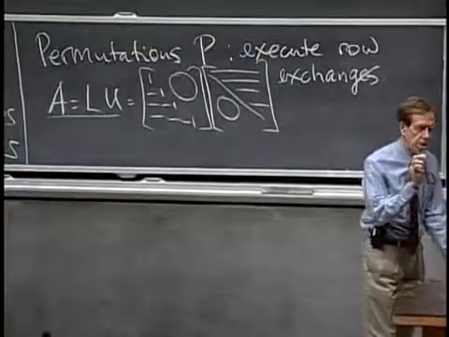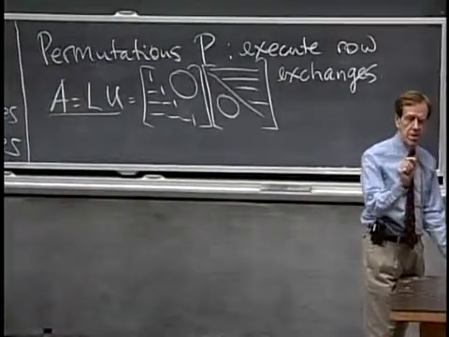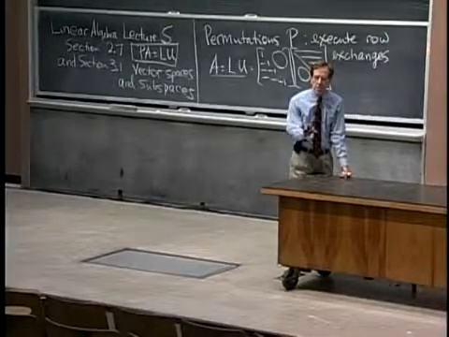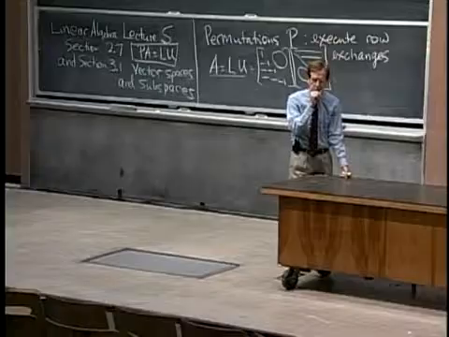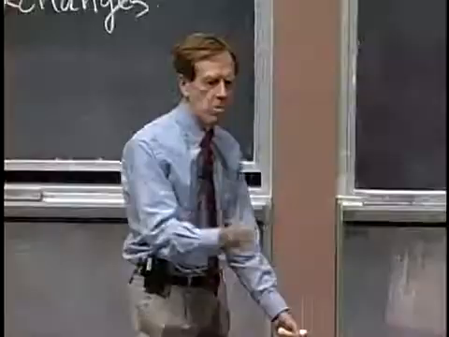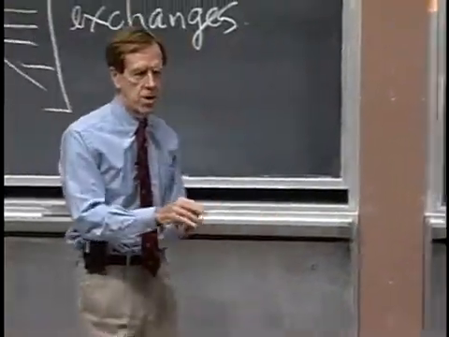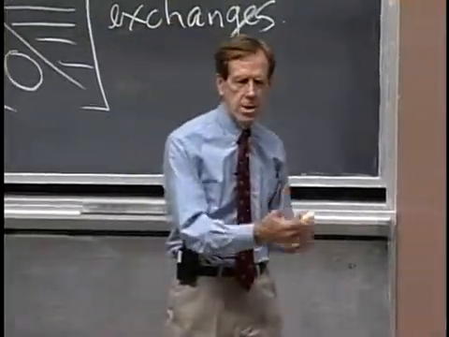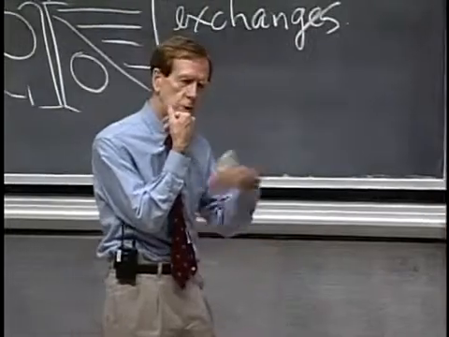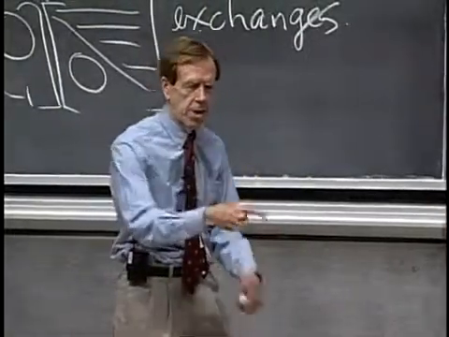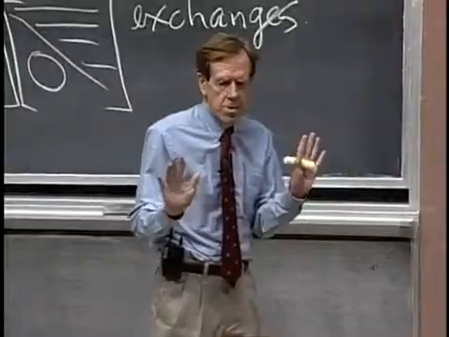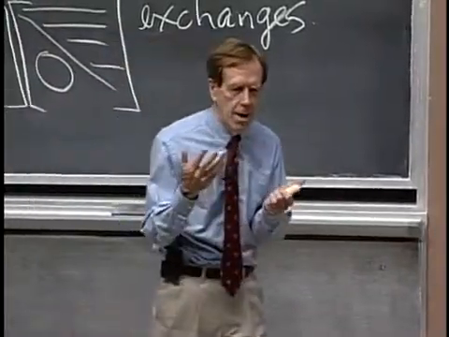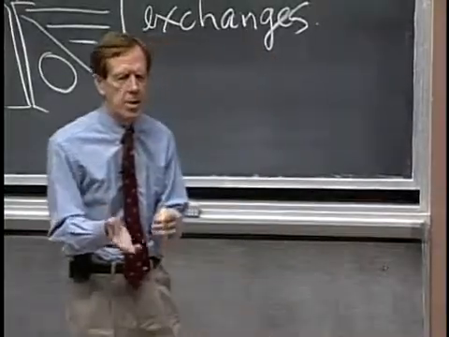MATLAB not only checks whether that pivot is not 0, as every human would do, it checks whether that pivot is big enough, because it doesn't like very, very small pivots. Pivots close to 0 are numerically bad. So actually, if we ask MATLAB to solve a system, it will do some row exchanges which we don't think are necessary. Algebra doesn't say they're necessary, but numerical accuracy says they are.